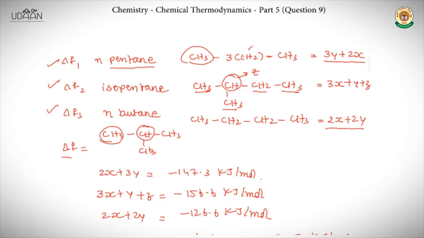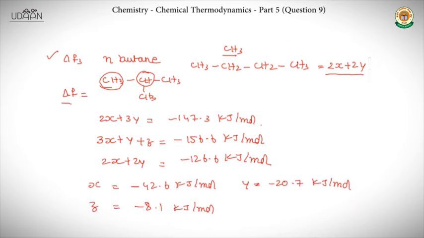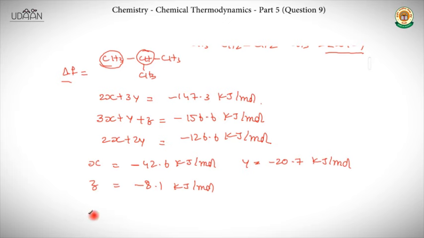It is 3 into x plus z, 3 CH3s and 1 CH. So delta F formation for isobutane will be 3 times CH3 plus CH. So 3 into x plus z gives me minus 135.9 kilojoules per mole, which is the answer.